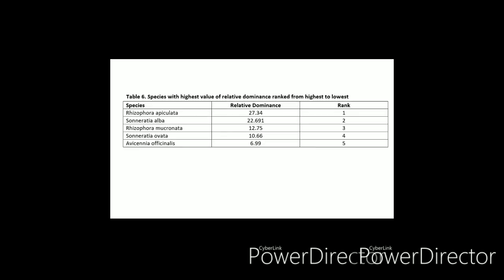On Table 6, species with the highest value of relative dominance, ranked from highest to lowest. We have species Rhizophora apiculata with a relative dominance of 27.34, which is rank 1. Sonneratia alba, which is 22.691, rank 2.